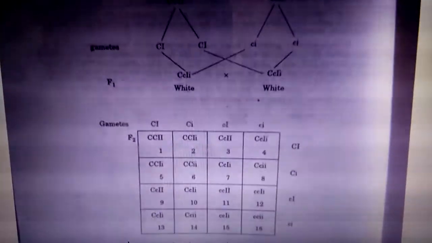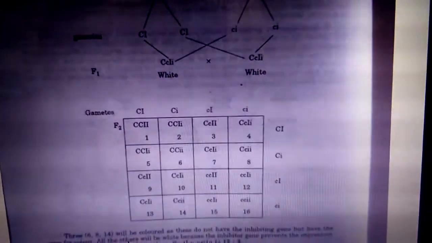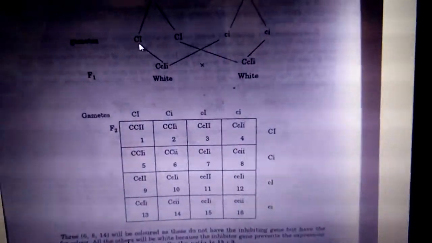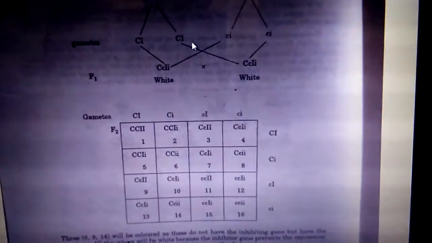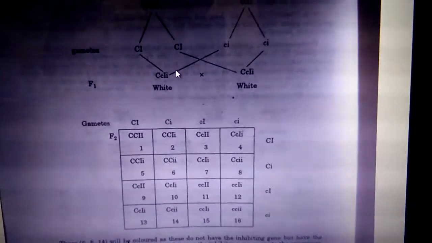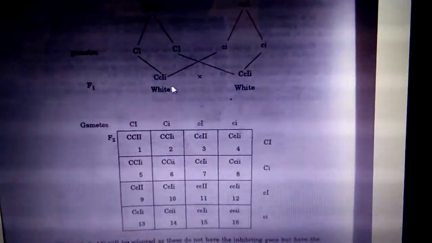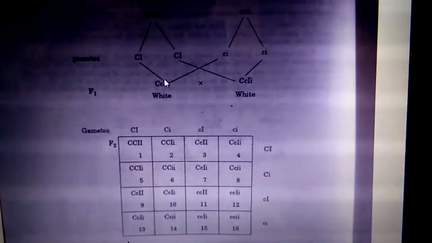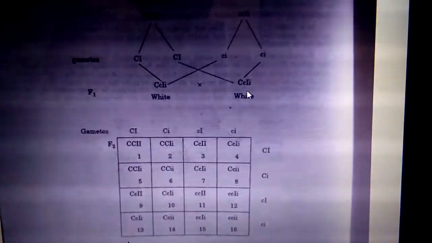So they will eventually produce different gametes, that is capital C capital I, small c small i, small c small I. In the F1 progeny, that is the first filial generation, all these poultry will be white in color because they also contain the inhibitory gene, capital I, right?